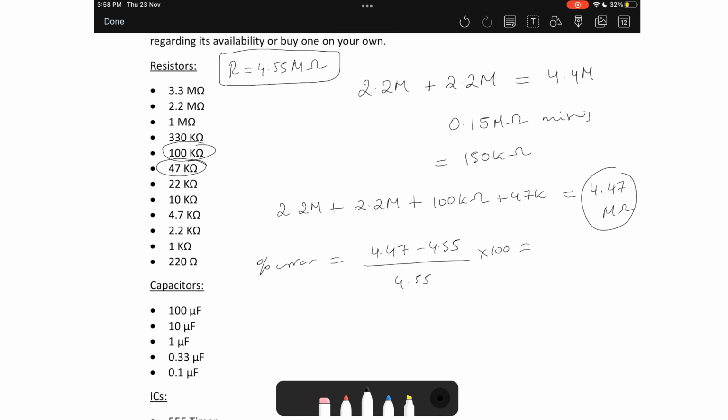Now keep in mind, when you have mega ohm resistors, you cannot just round, because a 0.5 mega ohm is actually 500K ohms. So you actually have to make this resistance, or calculate it and add it to the value, otherwise you'll have really huge error.